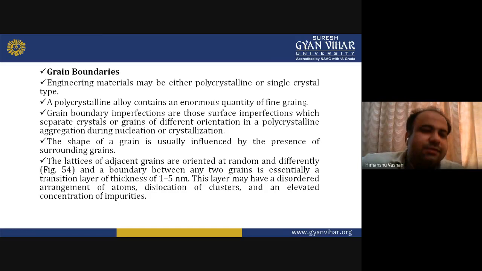The lattices, the word lattices I have discussed earlier in the previous slides also. The lattices of adjacent grains are oriented at random and differently, which will be shown in the diagram later on, and a boundary between any two grains is essentially a transition layer of thickness 1 to 5 nanometer.